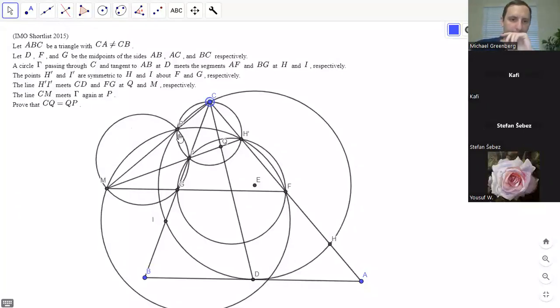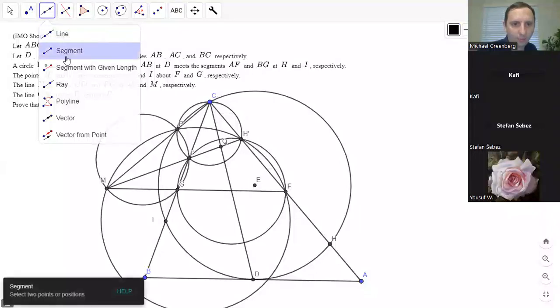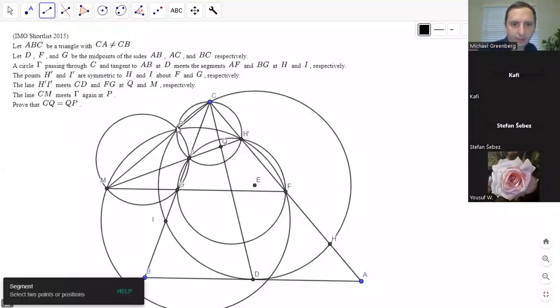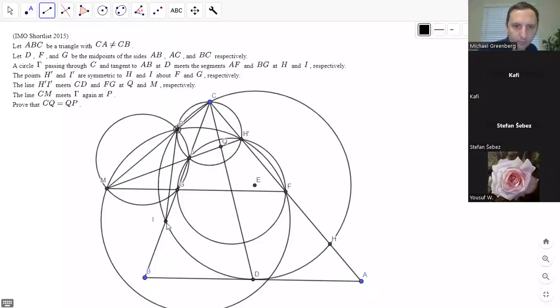So PIH and PI'H' are similar. Those should be similar.